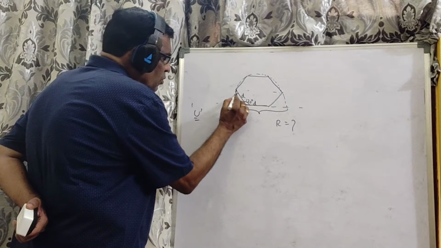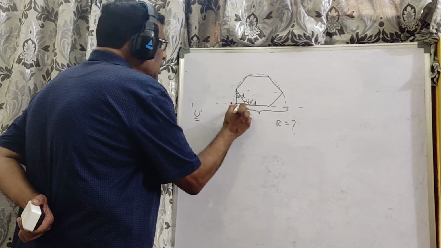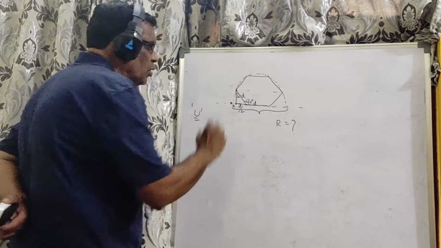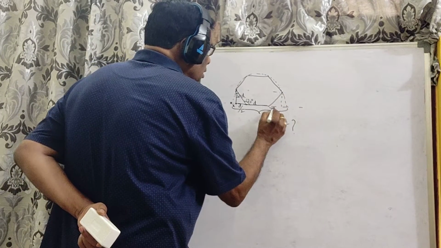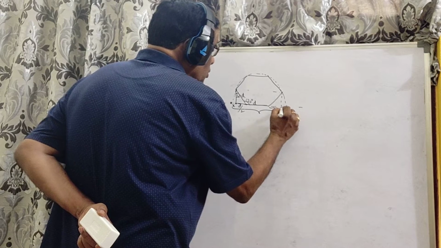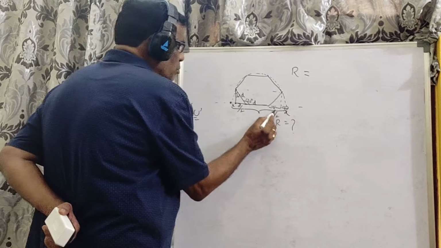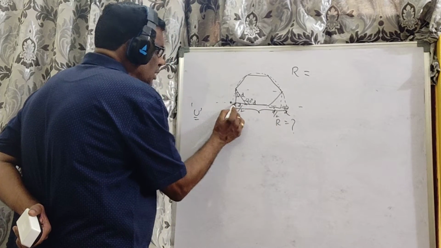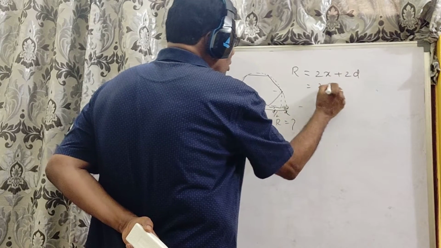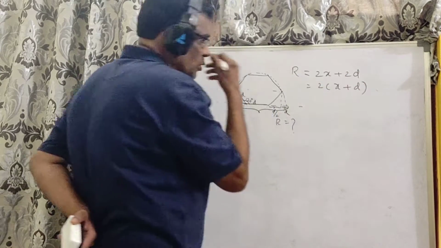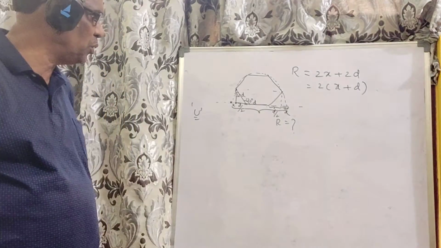This is 60, therefore this is 30 degrees. So this is D sine 30, therefore this part is D by 2. In a similar way, this is also D by 2 and this is x. So what is your range? x plus D by 2 plus D plus D by 2 plus x, that is 2x plus 2D, or 2 into x plus D. We have to get that x value now.